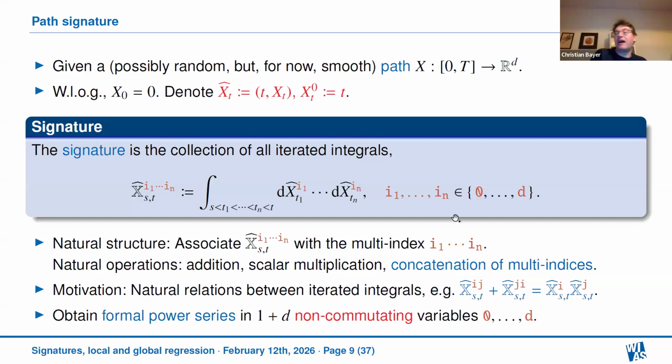So this is a word in the alphabet from 0 to D. And there are some operations that make a lot of sense in the context of this structure of the signature, or also words. So we can add iterated integrals, we can multiply them with scalars, but in particular, we can look at concatenation of such words. So there is a product structure, the concatenation product.